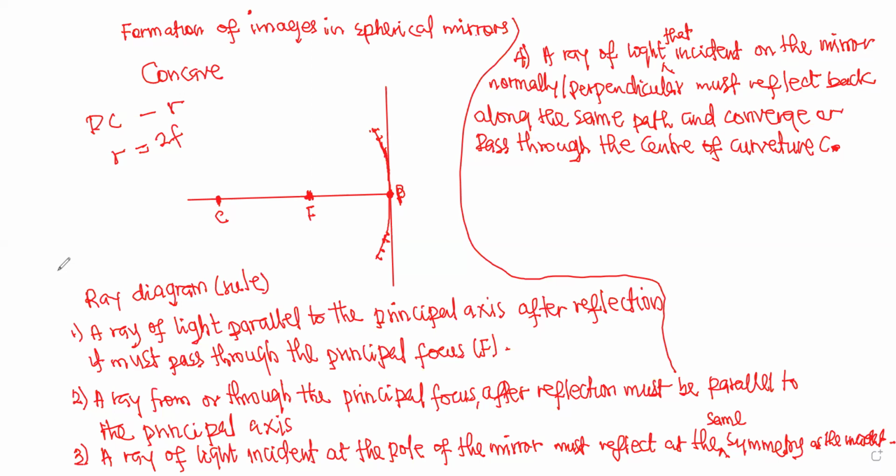Exactly. It is PC because all measurements must be taken from the pole. So when you are measuring every length, it must start from P.